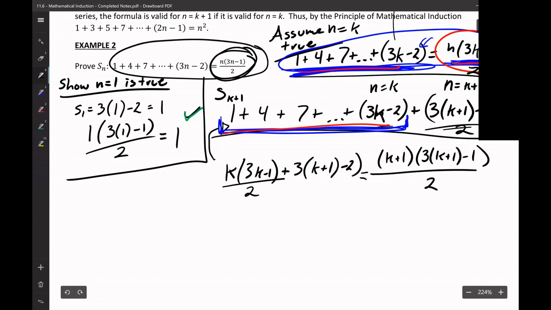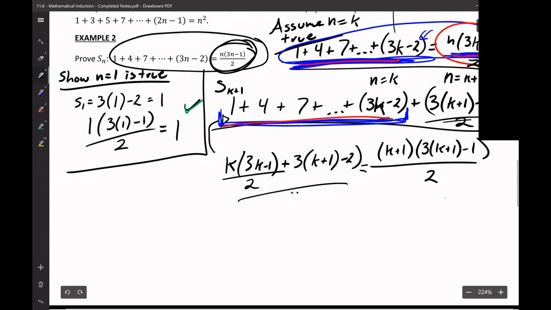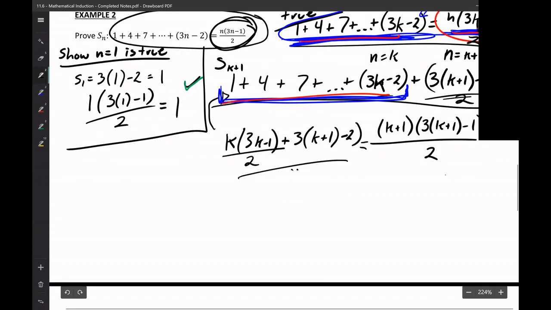Okay, so now that I have this expression right here, my job is to manipulate the left side to look like the right side. And that's all that I have to do. Well, let's do that. So to manipulate this, let's distribute everything. So 3 times k, 3 times 1, so 3k plus 3 minus 2, so it's 3k plus 1 right here.